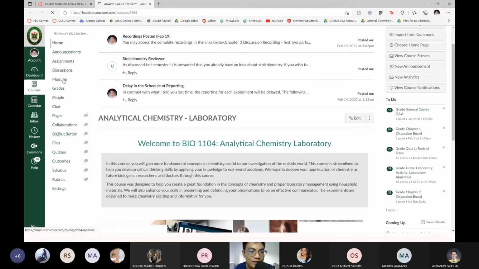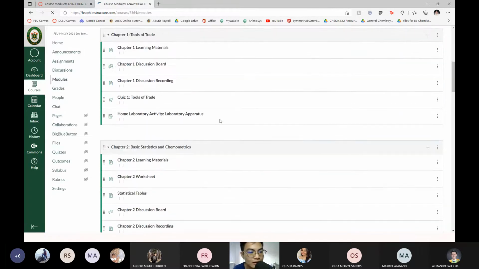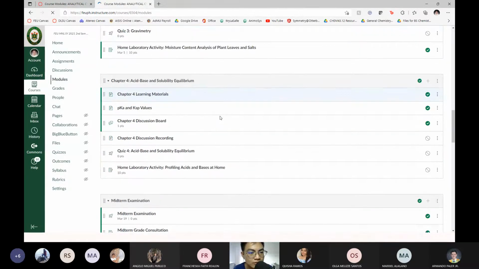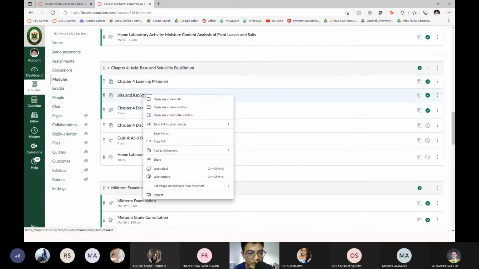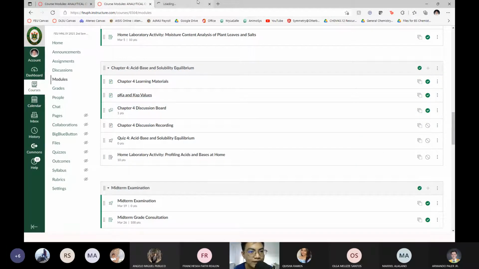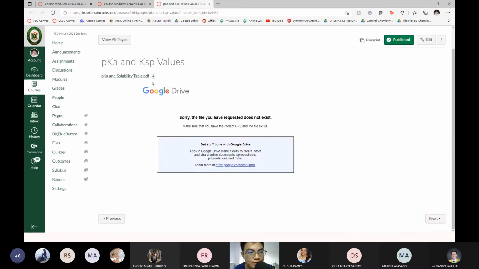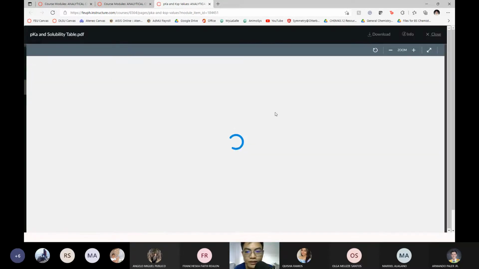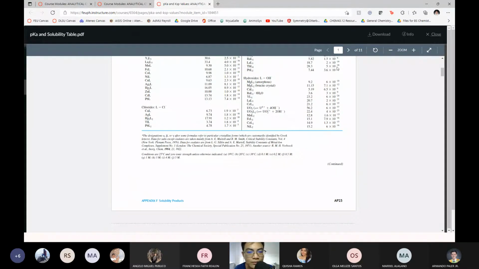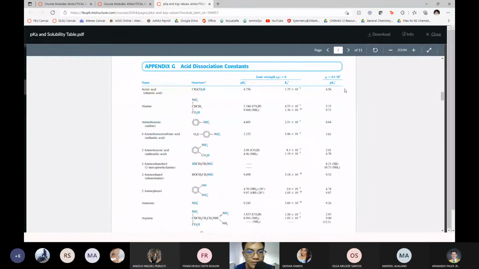So in the module for the lab, the equilibrium constants are also there. The reason it is here is that we will not actually be using it. I'll just click download file. You can see that for each chemical system, there is a corresponding K value.